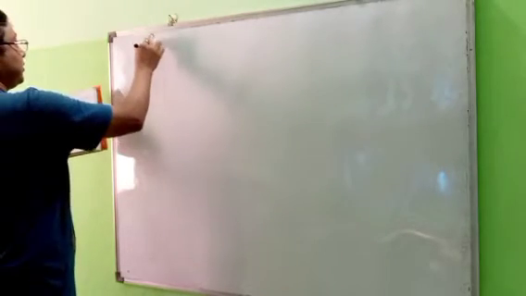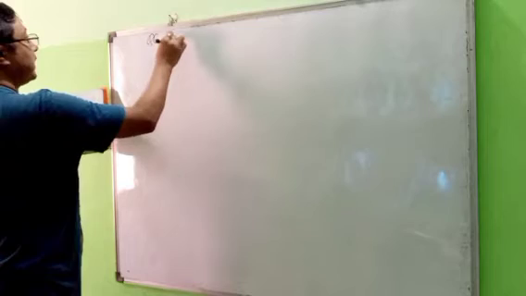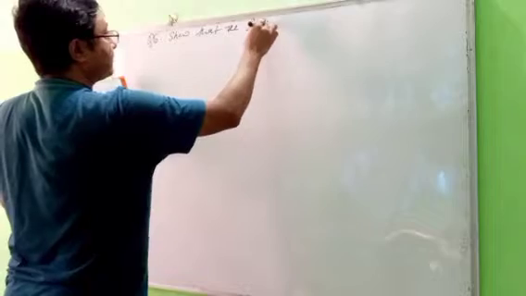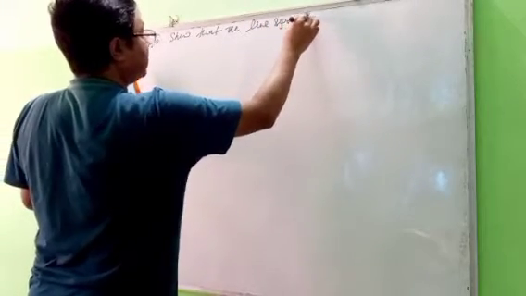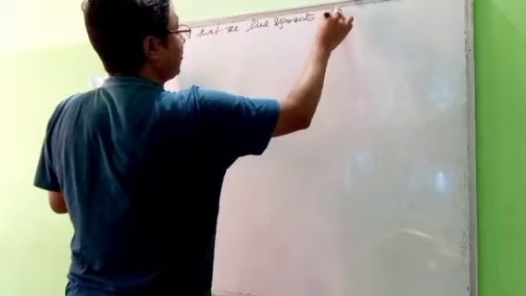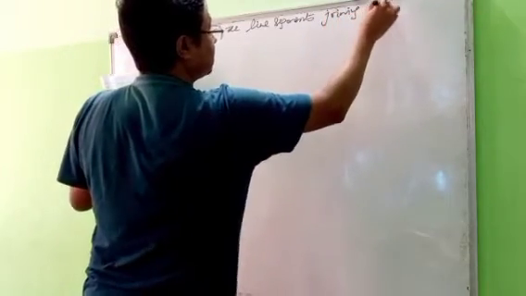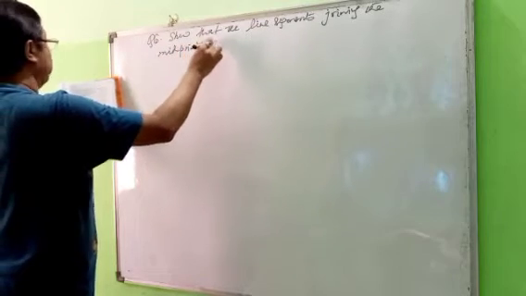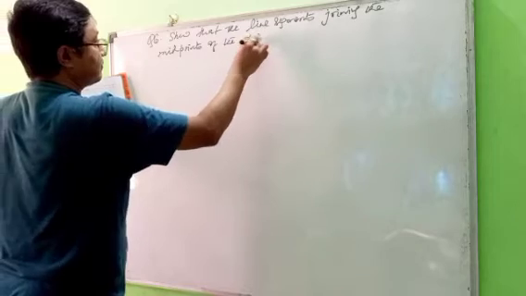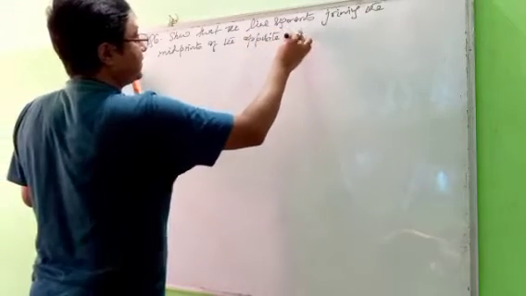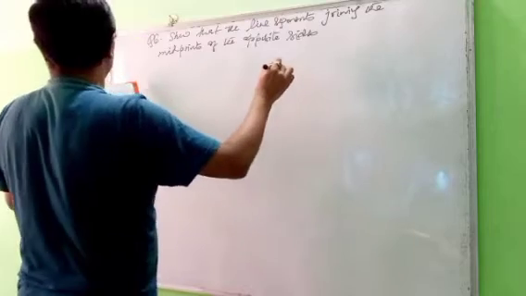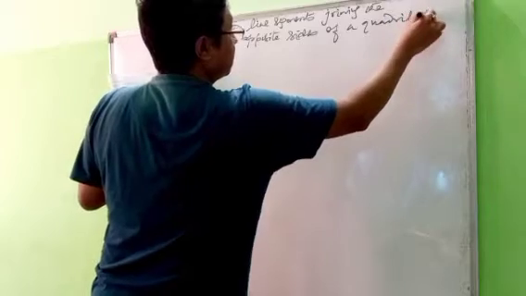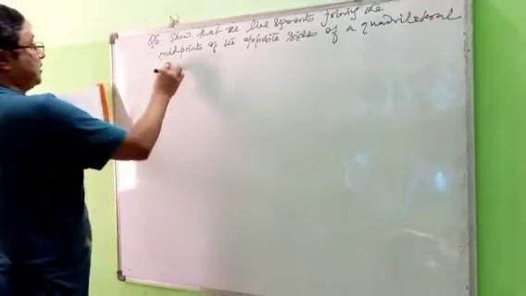We'll take the next question. Show that the line segments joining the midpoints of the opposite sides of a quadrilateral bisect each other.